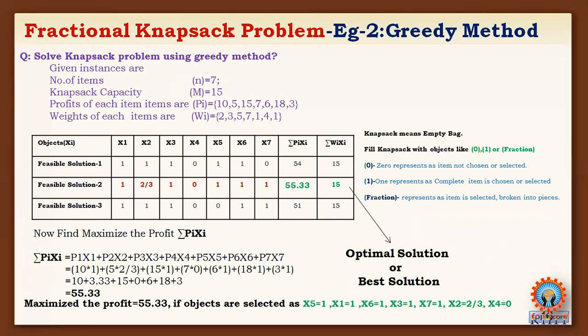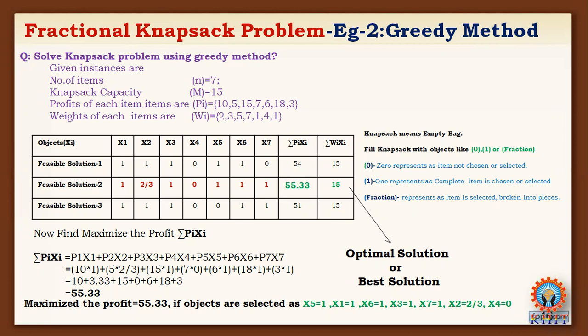So once again I will repeat, what is the first step? Compute Pi by Wi. The second step is to arrange the values of Pi by Wi in descending order. Next, start placing the arranged objects in the empty knapsack. Automatically update the knapsack capacity and profit when a new item is placed into the knapsack.